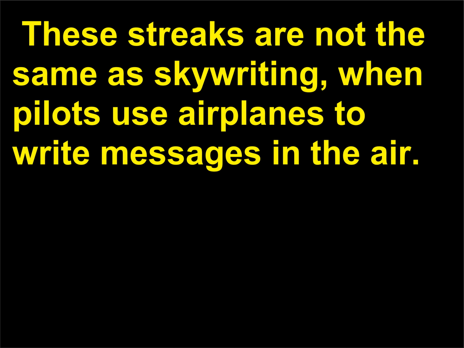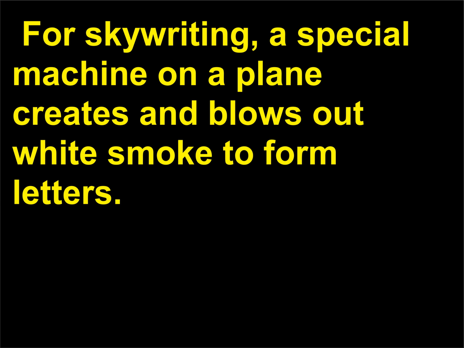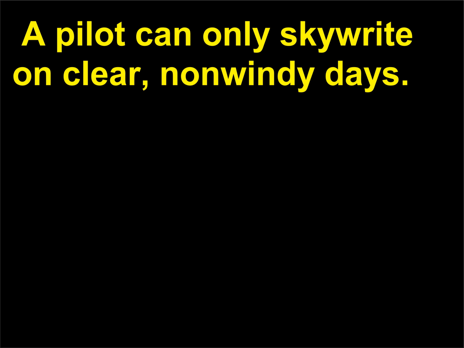These streaks are not the same as skywriting, when pilots use airplanes to write messages in the air. For skywriting, a special machine on a plane creates and blows out white smoke to form letters. A pilot can only skywrite on clear, non-windy days.